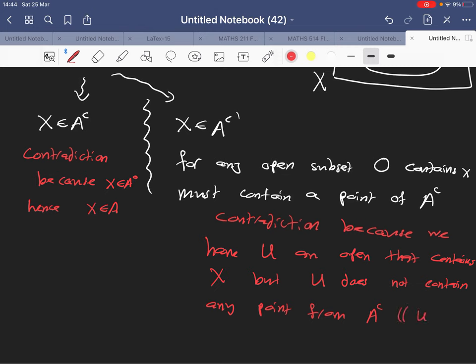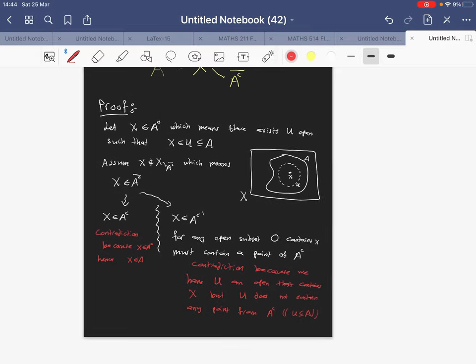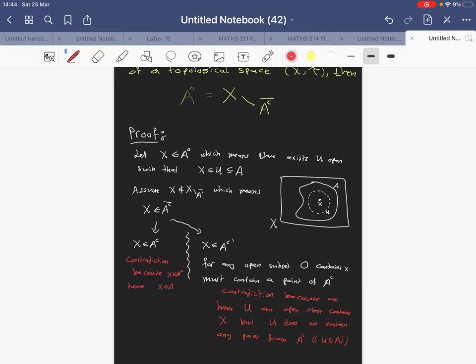Why? Because U is a subset of A. It lives inside A. It has nothing to do outside A. So in both directions we get a contradiction, and this is the first part of this one.